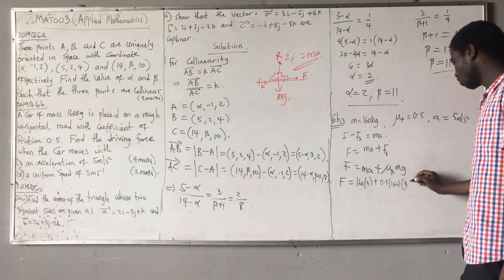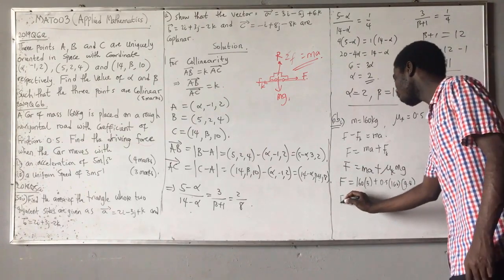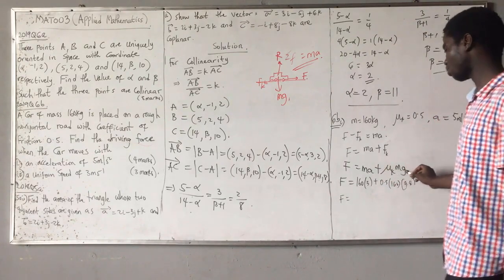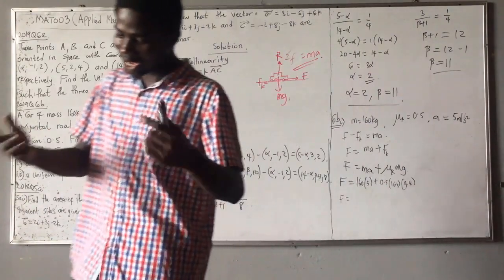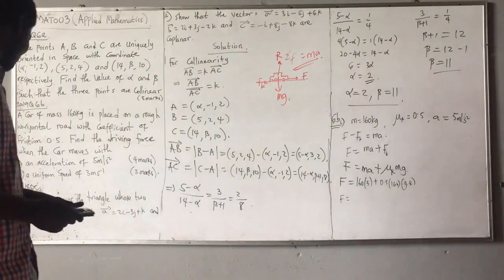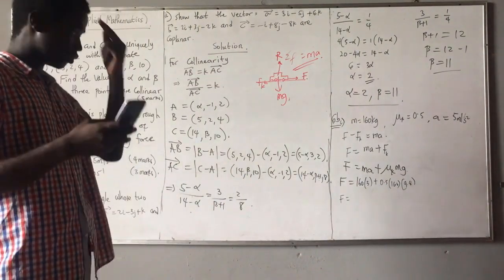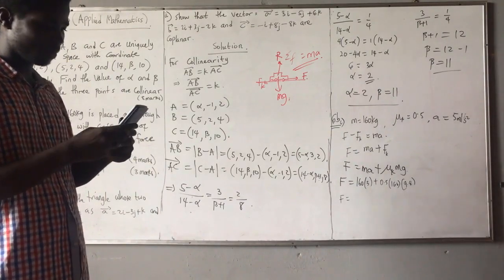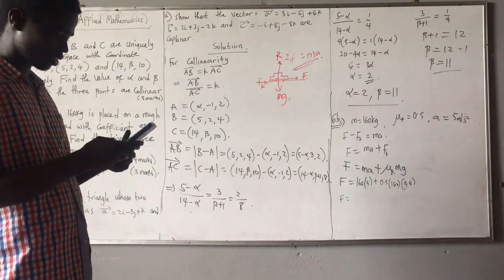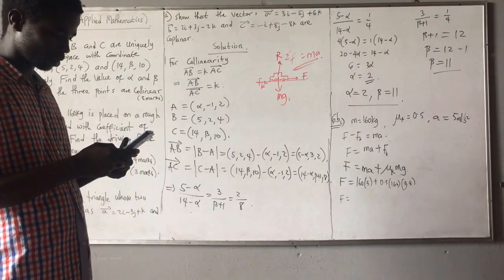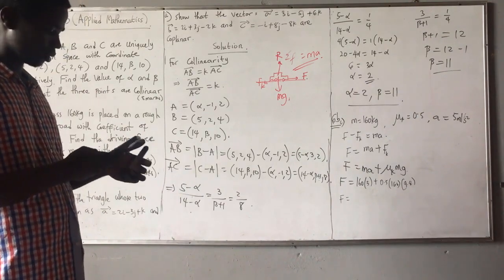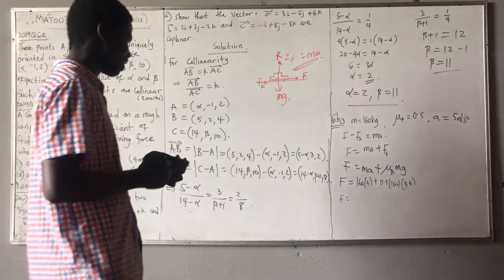If you are not given G, you know G to be 9.8 already. So F equals, you can factorize M to have A plus coefficient of friction times G. Any one you want to do is okay. Just make sure you get the answer. So I have 160 multiplied by 5 plus 0.5 times 9.8, and the answer is 1584.